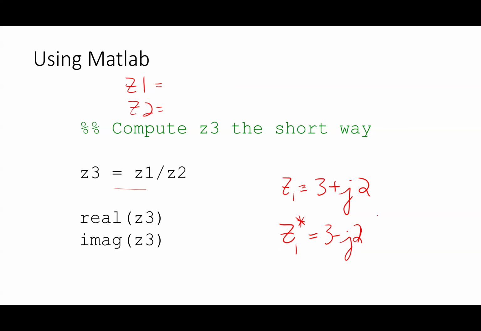Now it turns out, why is that special? Why isn't minus 3 plus J2 special?